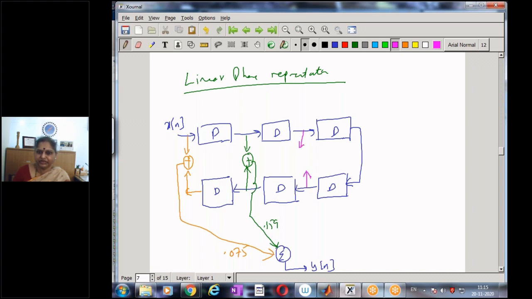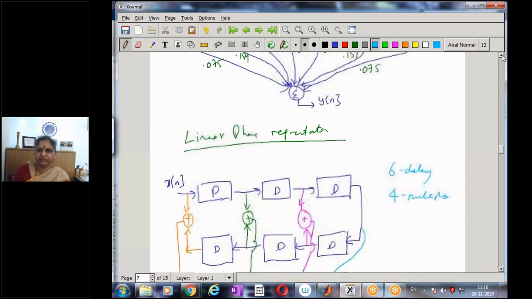Similarly, the third and the third from the last have an identical gain of 0.22. And we had a single branch, the central value, having a gain of 0.25. So this is known as the linear phase implementation of the FIR filter, wherein we have 6 delay elements and only 4 multipliers.